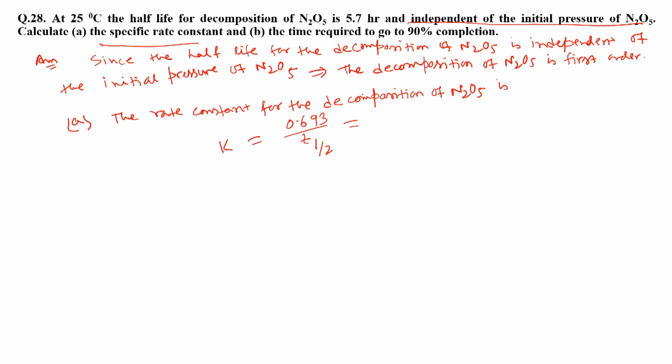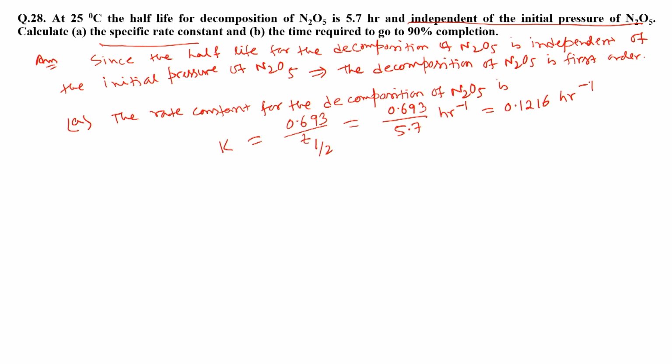The value of t half is given as 5.7 hours. So, 0.693 by 5.7 hours, in hour inverse. If we calculate this, we get 0.1216 hour inverse. So, this is the first part.